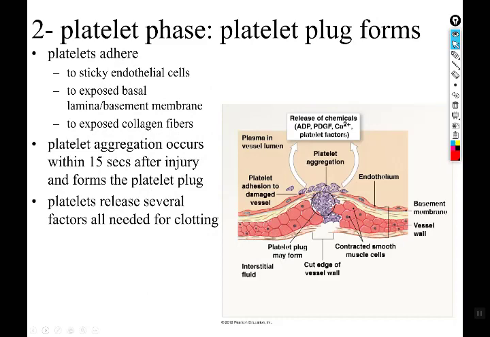The platelet phase is very important. So platelets begin to stick to the endothelial cells, the basal lamina, and specifically the collagen fibers of the basal lamina. So ordinarily, the endothelium of a blood vessel should be smooth and slick in order to minimize friction and prevent clots from spontaneously forming inside the vessels.